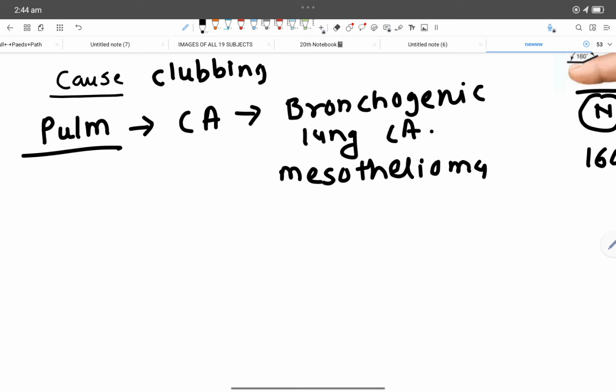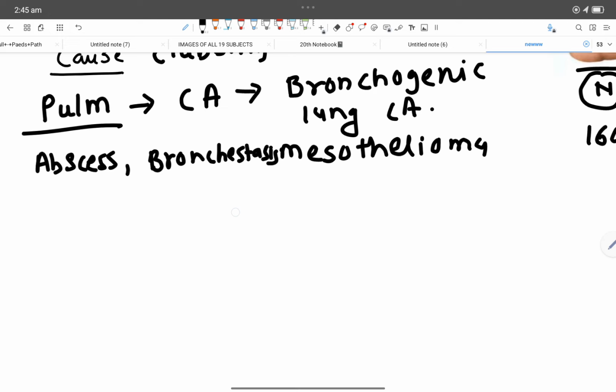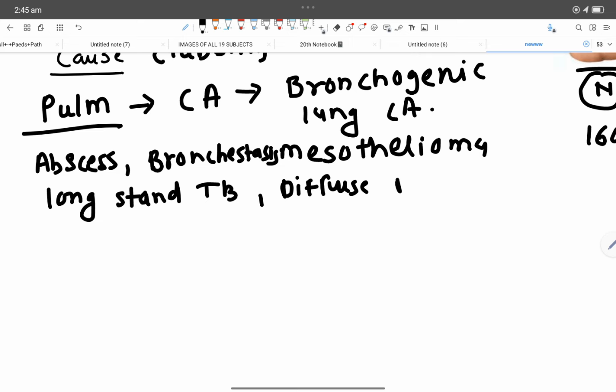Other lung diseases like abscess, bronchiectasis, long-standing TB, and diffuse fibrosing alveolitis.